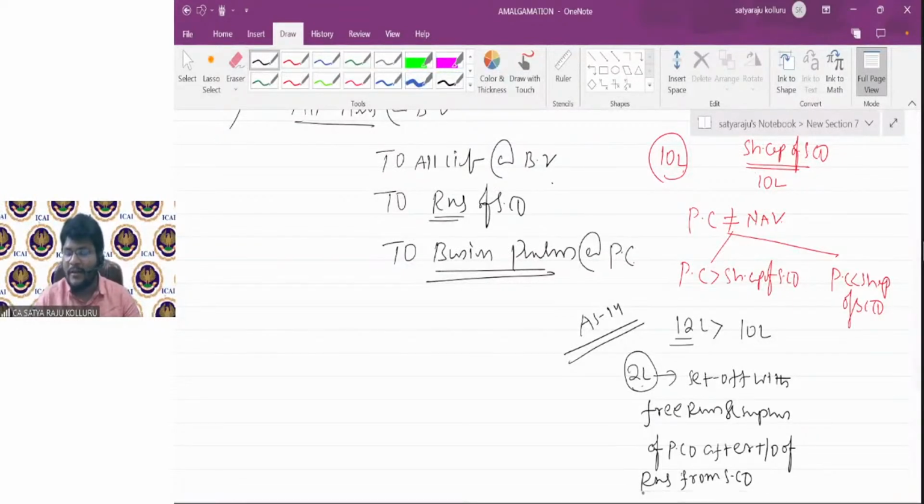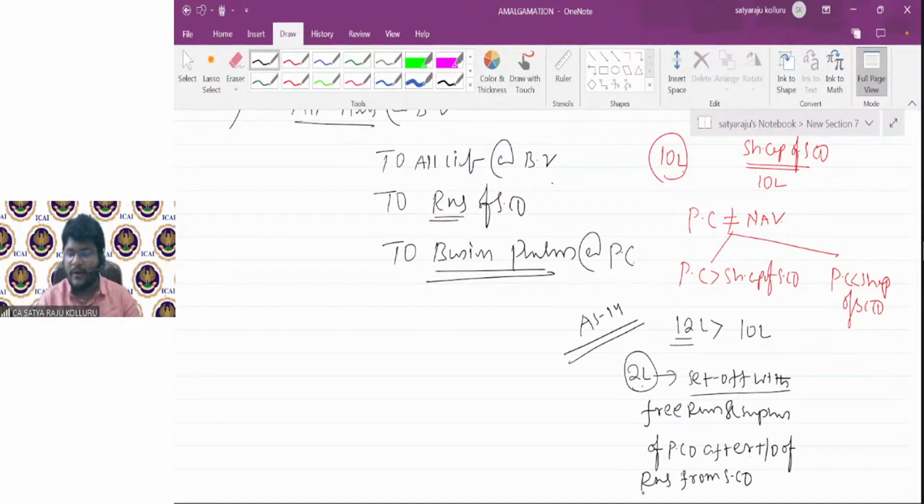Once again, I will repeat. The excess of PC paid over the share capital of the selling company should be set off with free reserves and surplus of the purchasing company after taking over the reserves and surplus from the selling company.